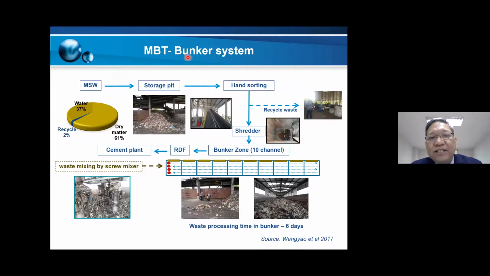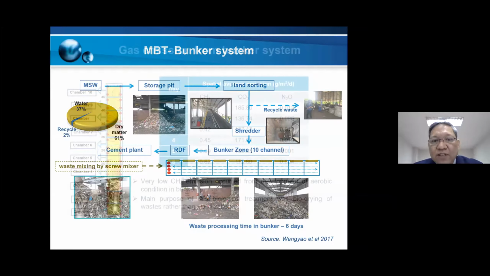Then we have another system, the bunker. This is quite different from the previous two, because we put the waste into the bunker after some preparation, and the waste stays there for quite a short time, only 6 days. During the stabilization, we provide some mixers, mainly to develop aerobic condition and to use the heat to remove the moisture. So actually, this targets not lateral stabilization but rather the bio drying of municipal solid waste within a very short time.